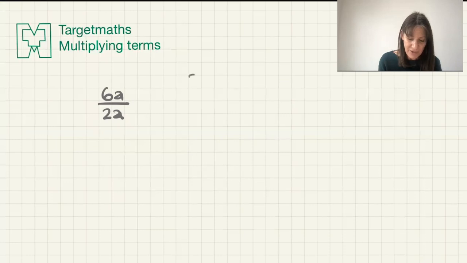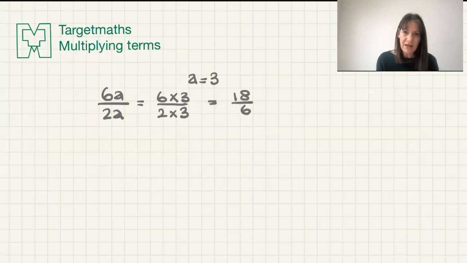If I said to you A was equal to, let's say, 3, this would now be 6 times 3, equalling 18, over 2 times 3. That's going to give me 18 over 6. And how many 6s can I get into 18 is the final thing for me to work out here. And that is 3.